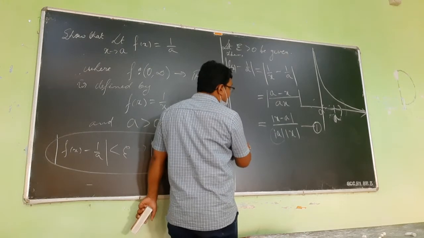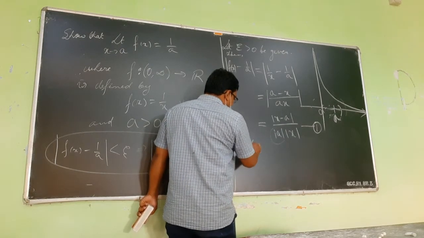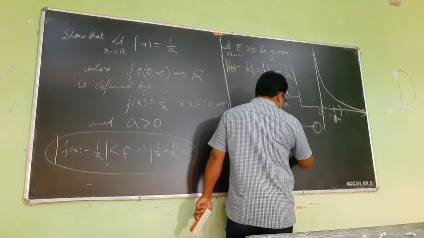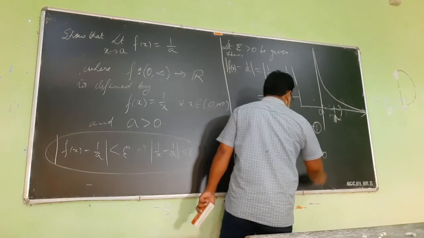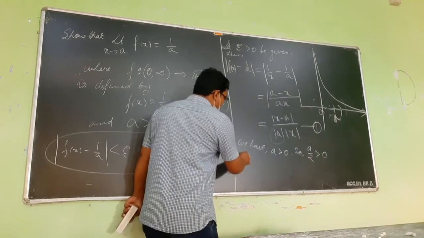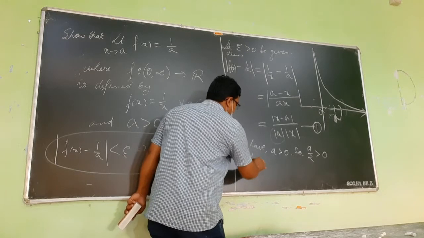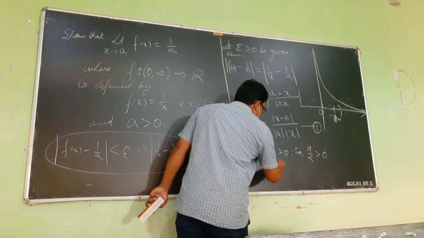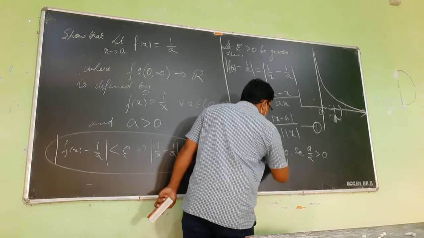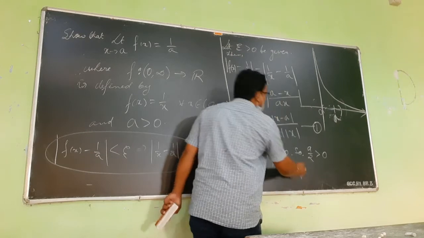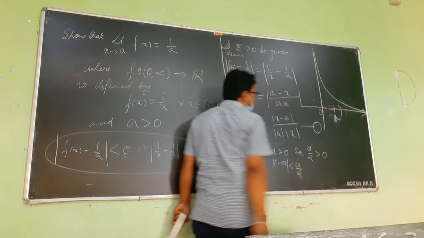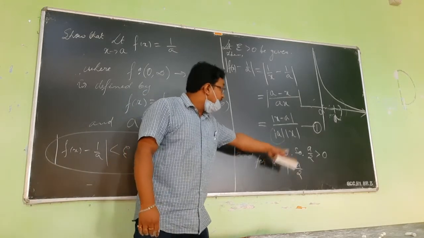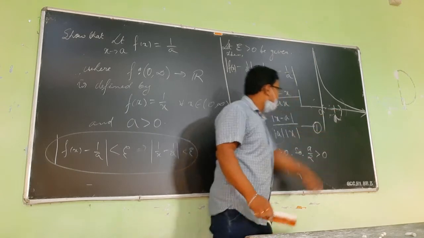So we have a is greater than 0, so a by 2 is also greater than 0. For mod of x minus a less than a by 2, I am considering this neighborhood around this.